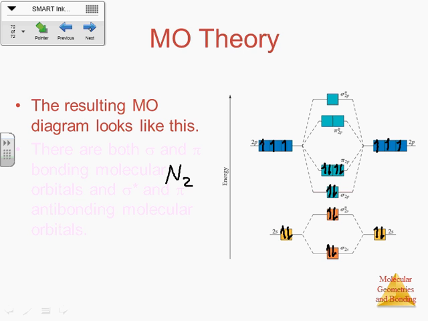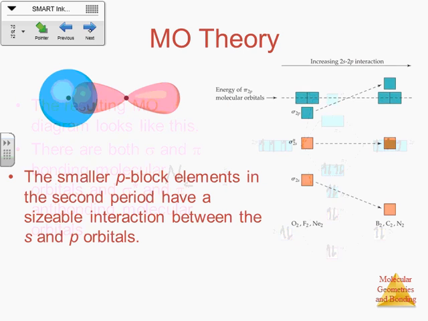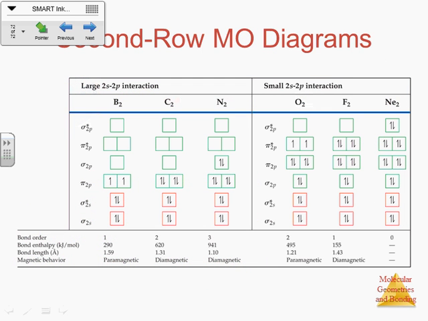Now, the nice thing about molecular orbital theory, this stuff I'm not worried that you know. There ends up being an overlap in the second energy level. Not a big deal, okay?